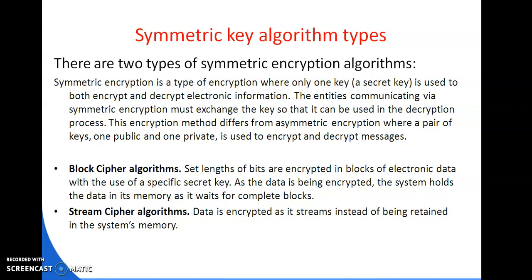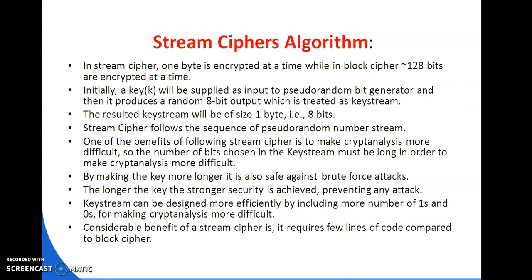But in case of the block cipher algorithm, set lengths of bits are encrypted in blocks of electronic data with the use of a specific secret key. As the data is being encrypted, the system holds the data in its memory as it waits for complete blocks.